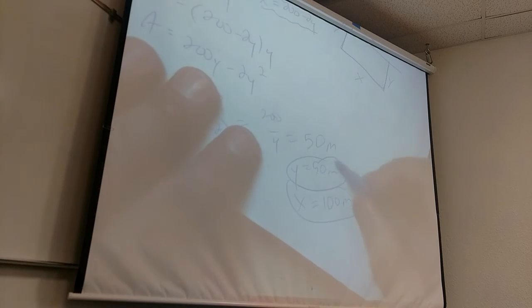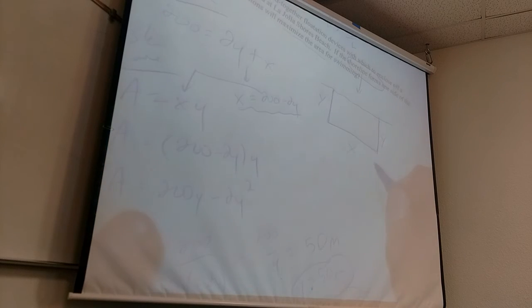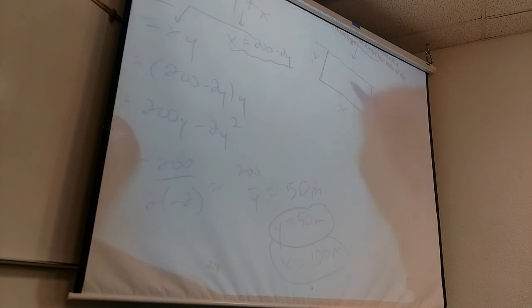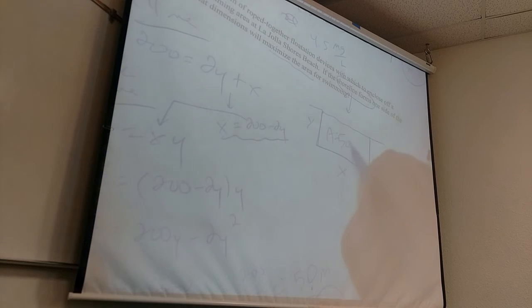So that makes the maximum area. What would that area be? Did I ask that here? No. But what would that area be? 50 times 100. 5 times 1 is 5, and three zeros, so 5,000. That would be the maximum area, in square meters.